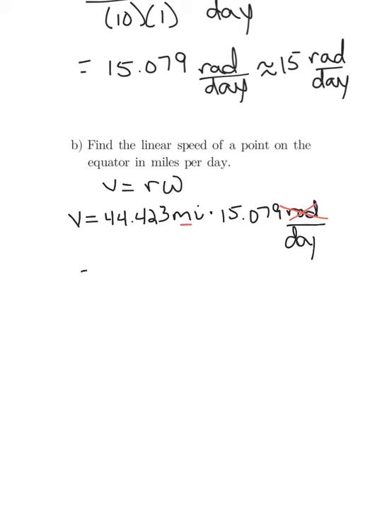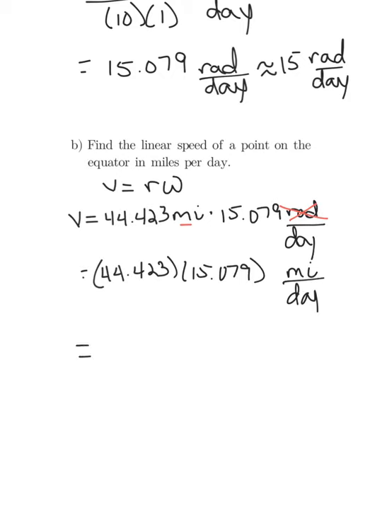So we are just going to take 44.423 times the 15.079, and then our label is miles per day. And if you do that calculation, you get 669.9 miles per day. But remember, we are rounding to the whole number, so this would be 670 miles per day.